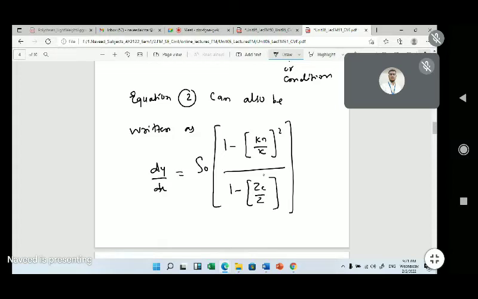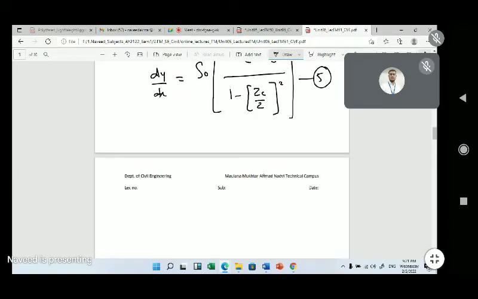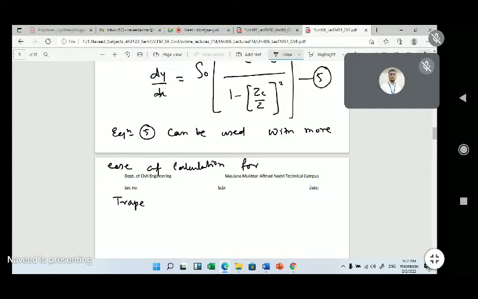So that is equation number 5, and it can be used with more ease of calculation for trapezoidal, triangular and circular sections.